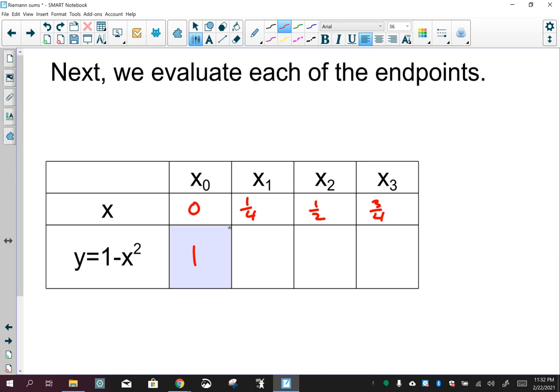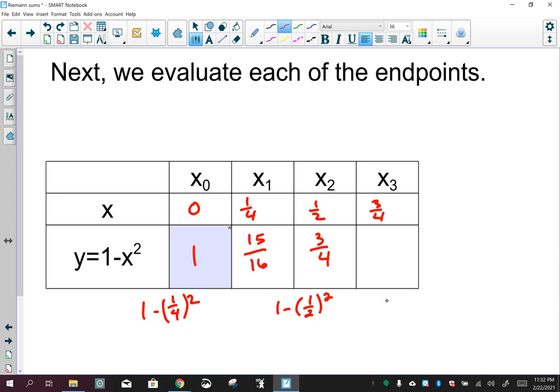And then we go for the 1/4: 1 minus 1/4 squared. That's going to be a 16, so this is 15 over 16. Then we have 1 minus 1/2 squared. That's going to be a 1/4, so it's going to be 3/4.